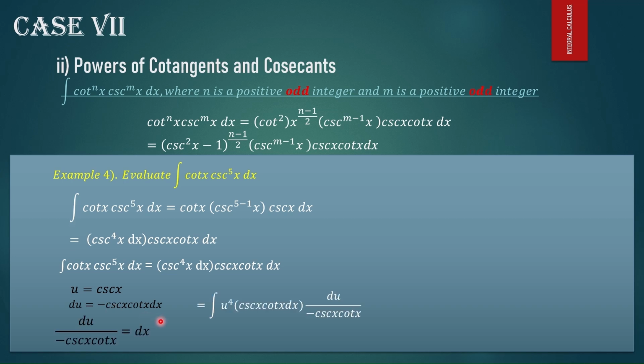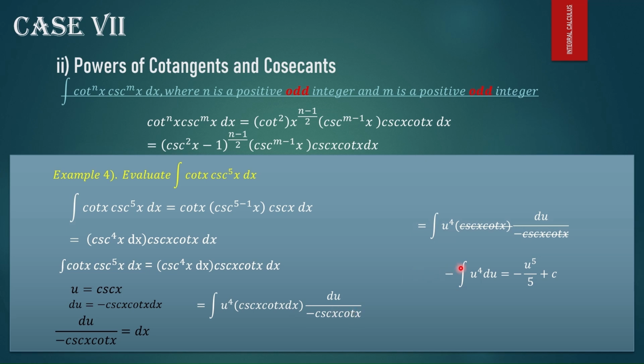By substitution, we get the integral of u raised to 4 times cosecant x cotangent x du over negative cosecant x cotangent x. We can cancel out cosecant x cotangent x and factor out negative 1 outside the integral.